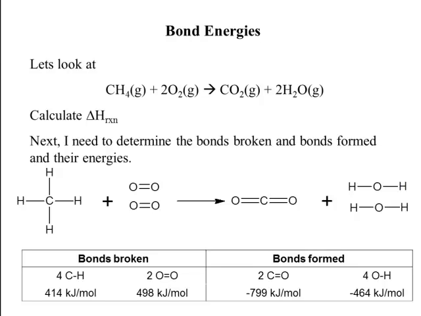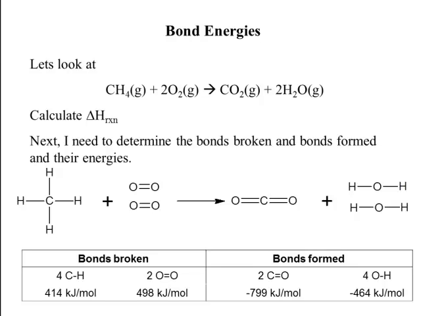There's a little asterisk on that table. Okay, we're dealing with the CO2, so it's going to be a slightly different value than the normal C double bond O bond energy. Okay, but now, why did I put the negative out in front of that? Well, these are bonds being formed. When I form those bonds, I get energy out. So that's an exothermic process, so my bonds formed side, I have to put that as negative energies.